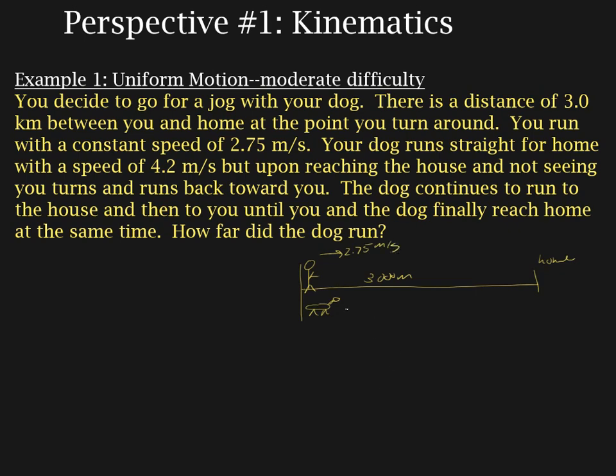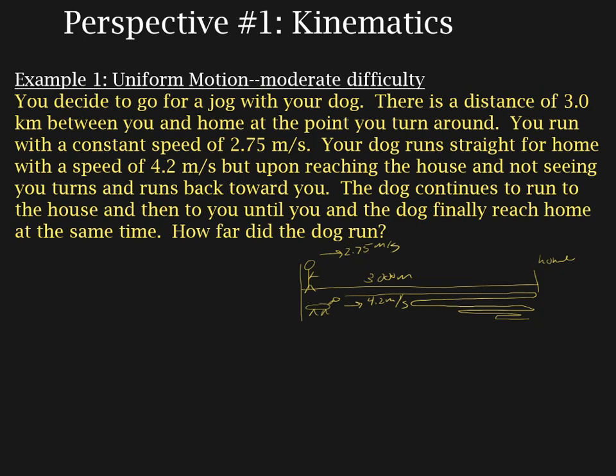The dog is running at 4.2 meters per second. And the dog is running back and forth something like this. So he runs in this direction, then he turns around and he runs back, then he turns around, and again and again and again. That distance is getting shorter until finally you and the dog arrive at the house at the same time. Alright, now in solving this problem, we do it just like any other.